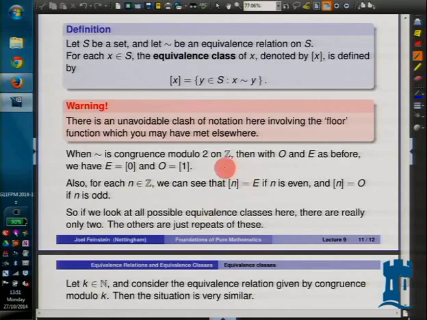Those things related to 0 gave you the even integers, and those things related to 1 gave you the odd integers. And our notation for this is to put a square bracket around something to say which things are related to you. So the even integers, when you're working with congruence modulo 2, are those things related to 0. So you put a square bracket around the 0 to mean those things related to 0. And for the odd ones, you do those things related to 1.